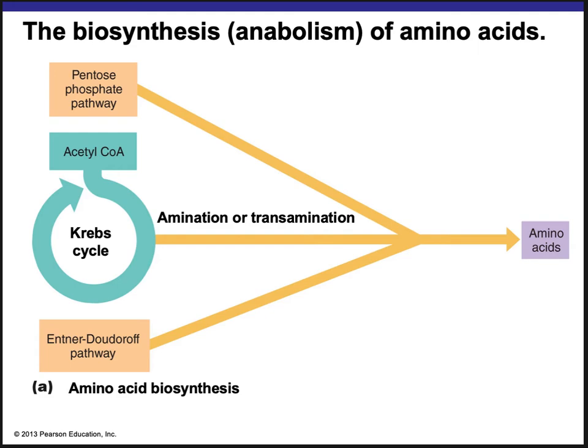So just like we saw being able to feed amino acids into catabolism, we can take them back out. And so we can take things from the pentose phosphate pathway, Krebs cycle, or even the alternative pathway that some organisms have because they don't do this.